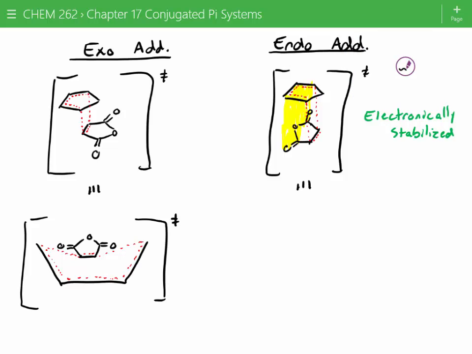So you can see how that dienophile is pointing away, where if we compare that to the endo addition, with the endo addition I've got to really exaggerate this. It's pointed the opposite way. So it's underneath.